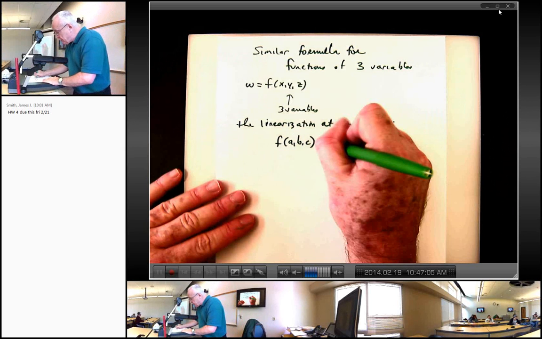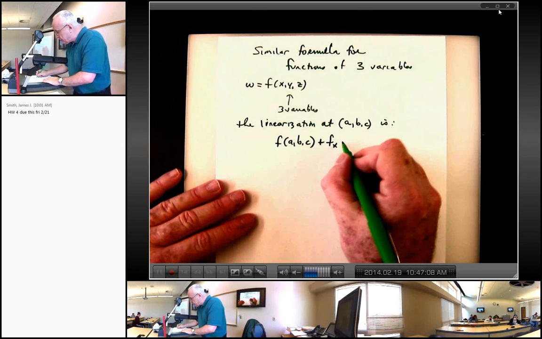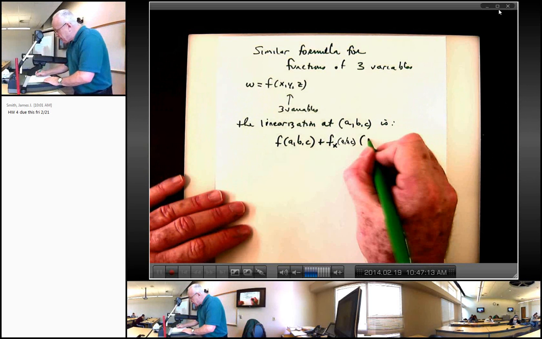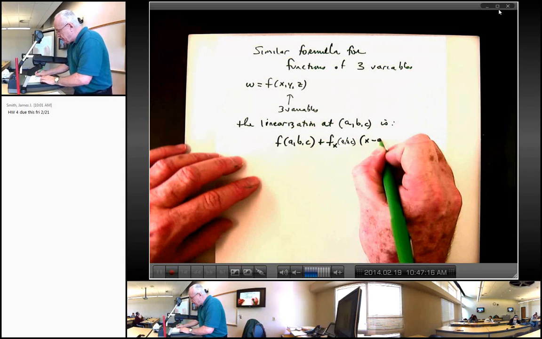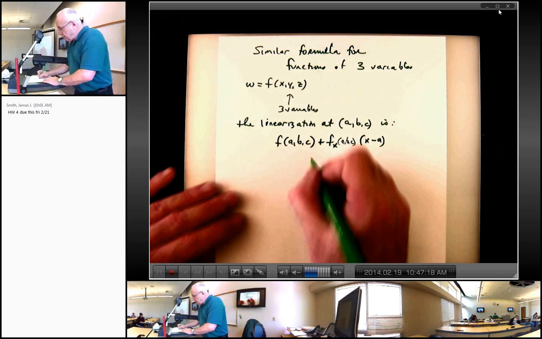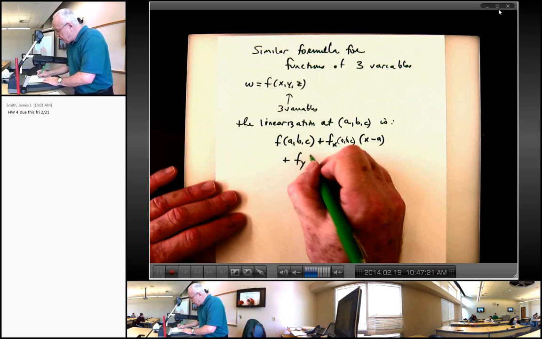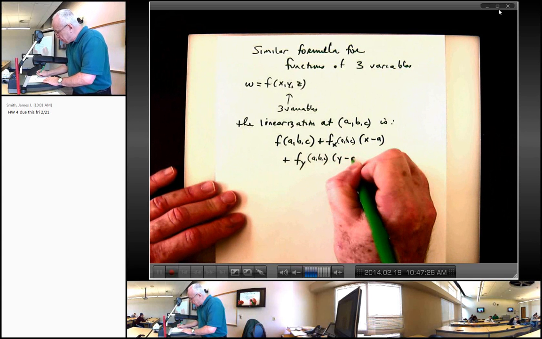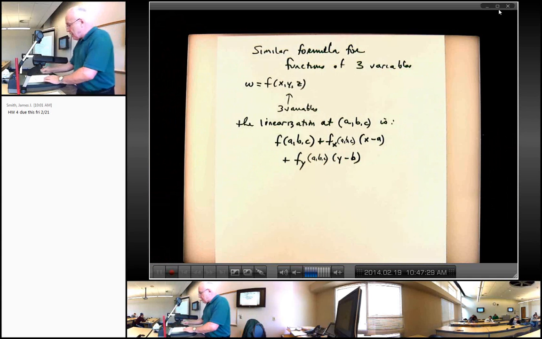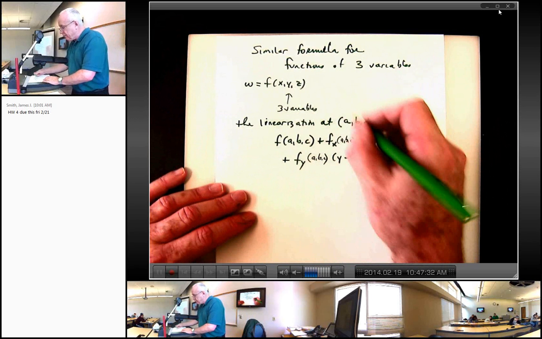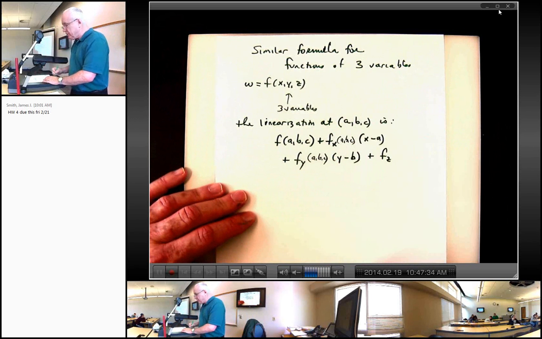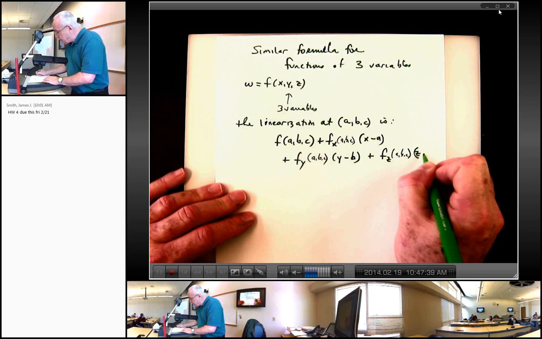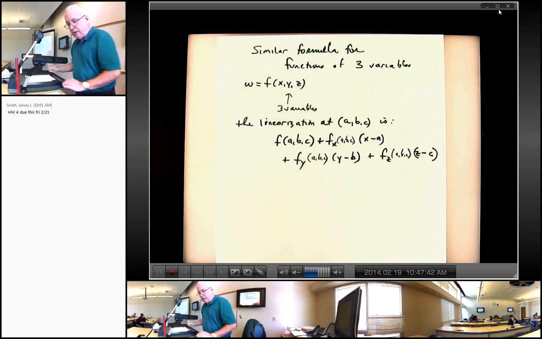So it's the partial derivative with respect to x, plugged in at (a, b, c), times x minus a, plus fy, computed at that point, times y minus b, plus now, what's different, f with respect to z, again at (a, b, c), multiplied by z minus c.